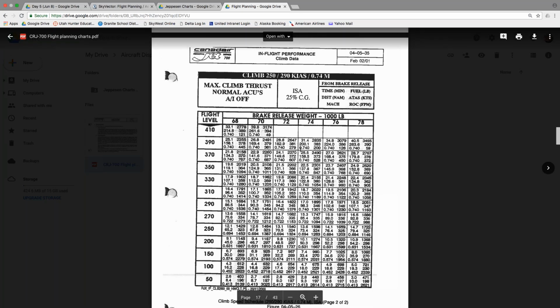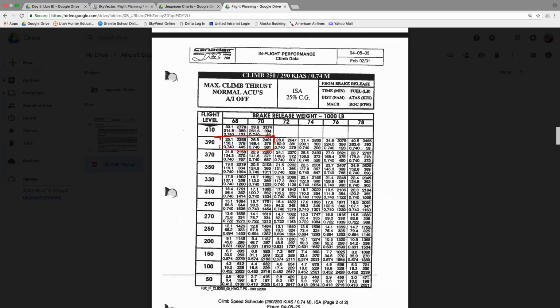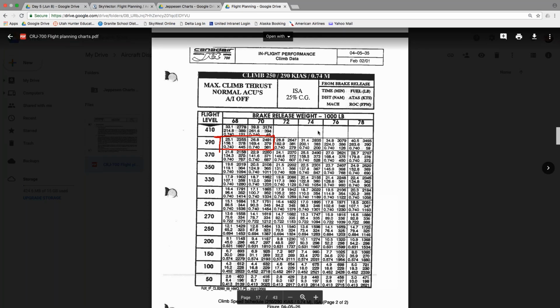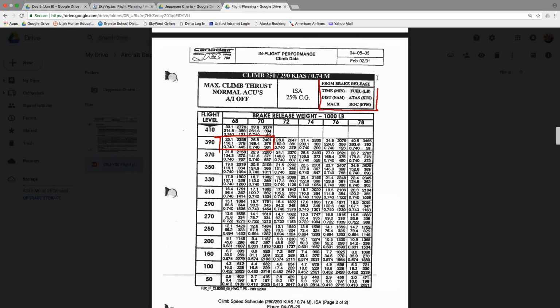Our takeoff weight was almost 69,000 pounds. We're flying up to flight level 390, so we'll use these two boxes to find our climb. Just average them out, pretty simple. This is that interpolate.